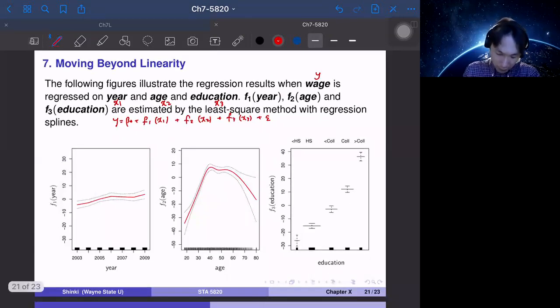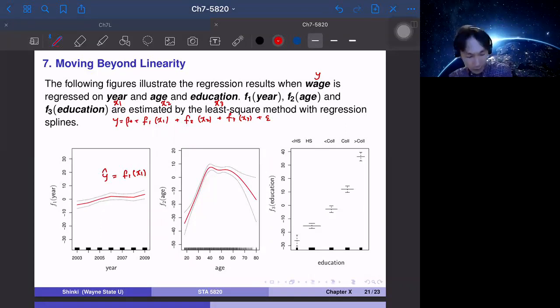Then we make a graph of y hat is equal to f1 of x1. So this is the graph of f1 of x. What is the year? Year is the year that the wage is observed.